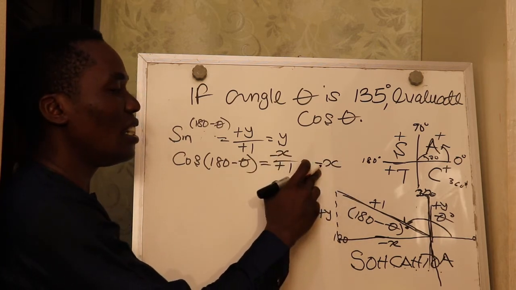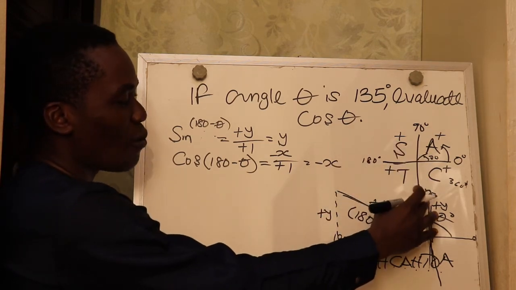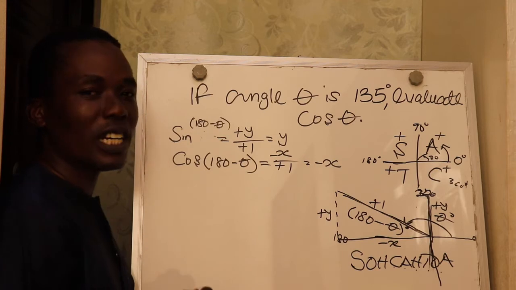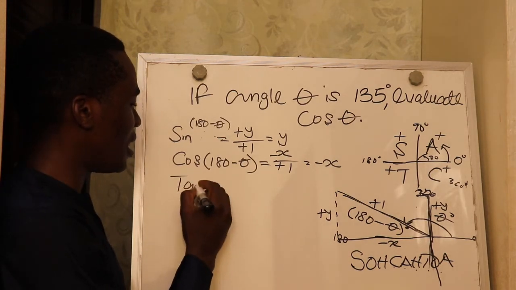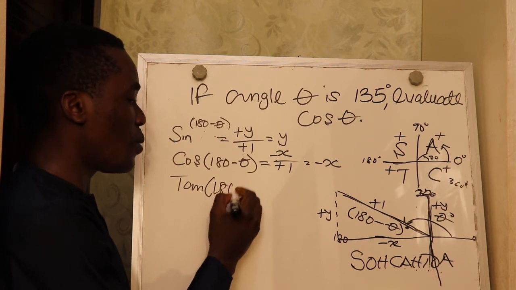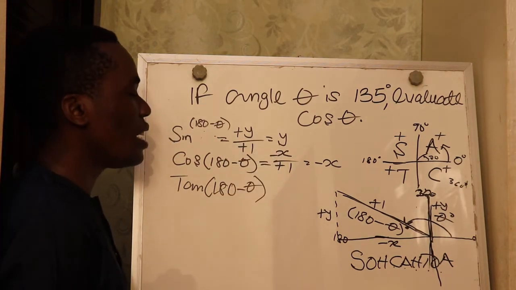Now you see, the sign for cos here is negative, because the angle falls in this quadrant, which is the second quadrant. If you do that same thing for tan, I'm not supposed to go far into this explanation, but I want you to know what I will be doing as I solve this question.